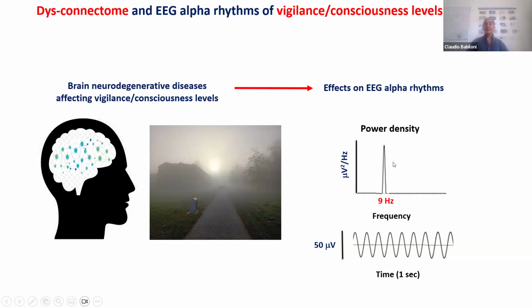And that this is causal, because if you have a perturbation, you can change the performance in the visual primary consciousness, and that cortical and thalamic neurons are interconnected with each other functionally, and the generation of alpha rhythms.